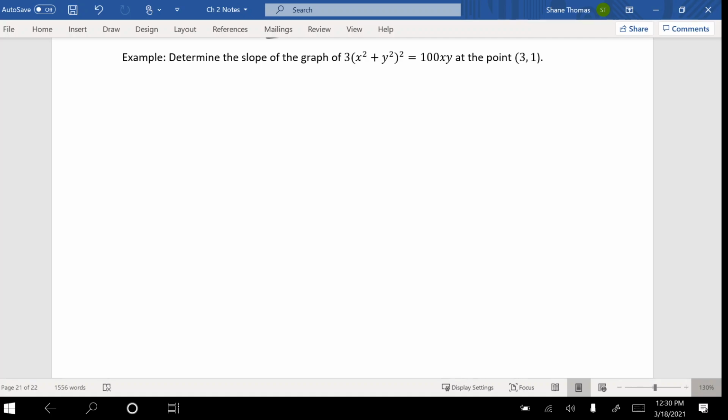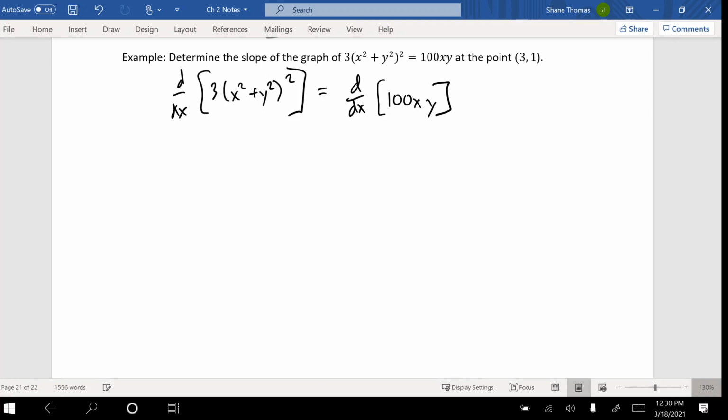All right, here we go. So let's differentiate both sides. We have d/dx of (3x squared plus y squared) squared equals d/dx of 100xy.